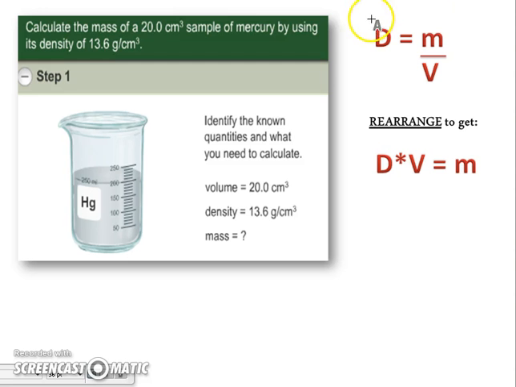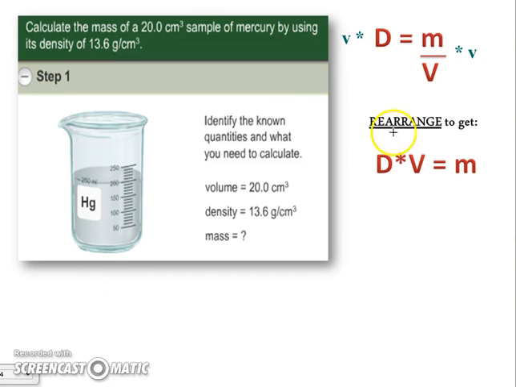Okay, there's a variety of examples in the course that you can revisit. This one asks you to calculate the mass of a 20 cubic centimeter sample by using the density. So here you would just rearrange the equation, density equals mass divided by volume, by multiplying each side by the volume.